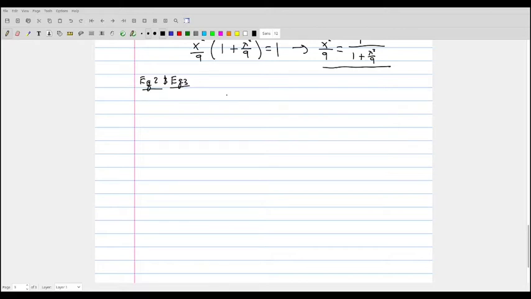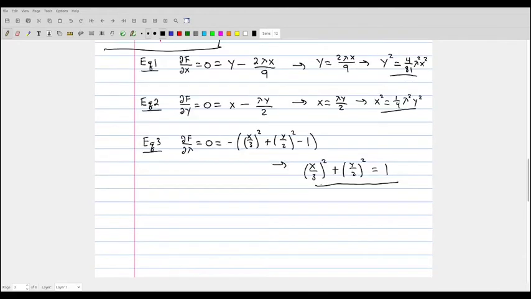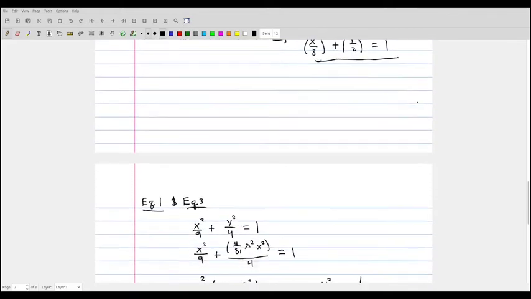So when I do that, I plug in for x squared. X squared is lambda squared times y squared over 4. If you remember from before, we ended up finding that x squared was 1/4 lambda squared times y squared from equation 2.